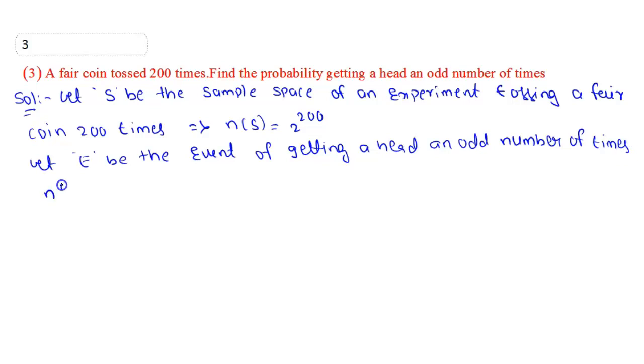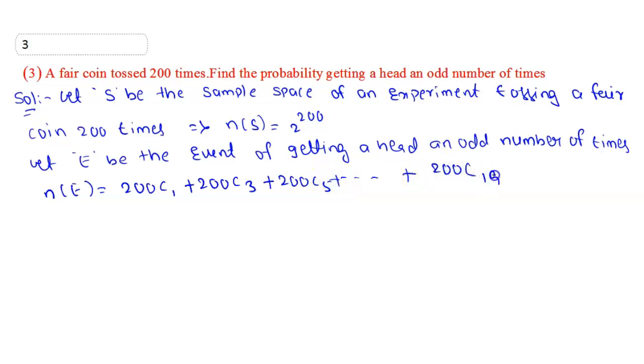So n of E is equal to 200C1 plus next odd number is 200C3, next odd number is 200C5, and so on. The last odd number is what? 200C199.